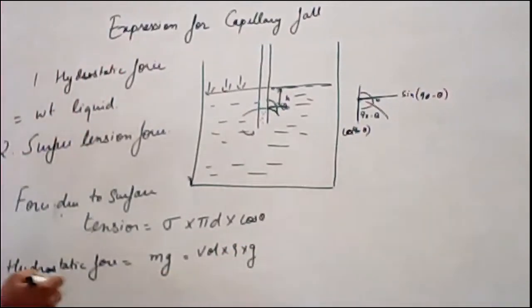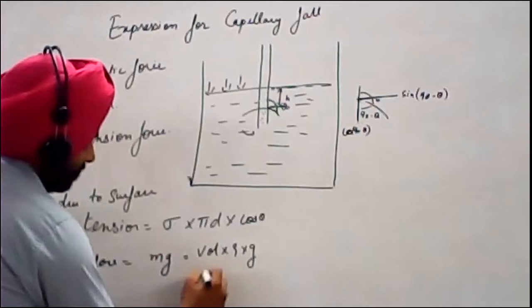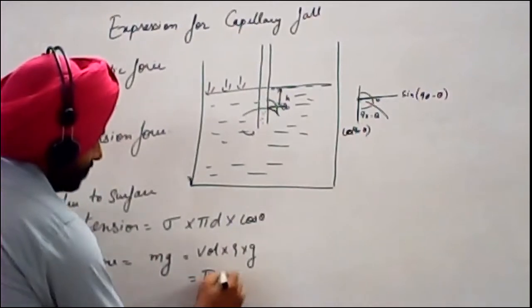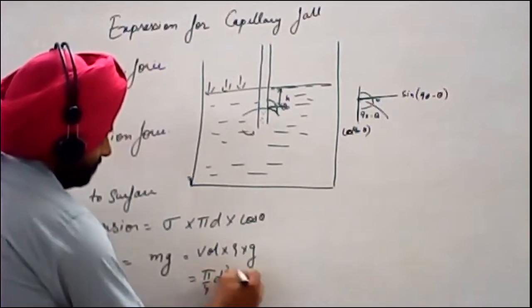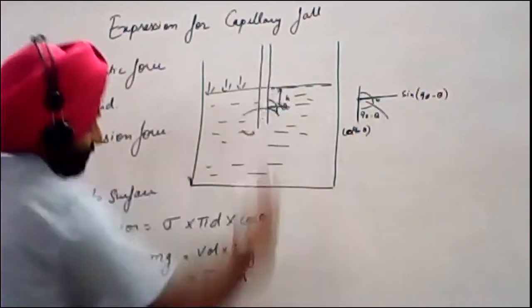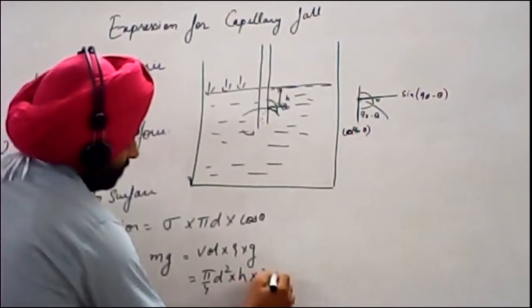Then you can take volume equal to pi by 4 d square, this is the area, into h, the height of depth, into rho into g.